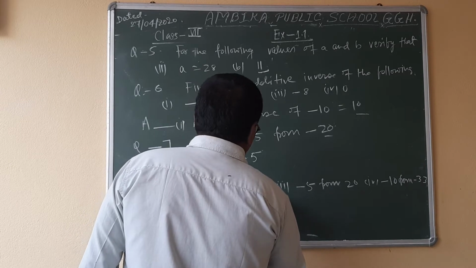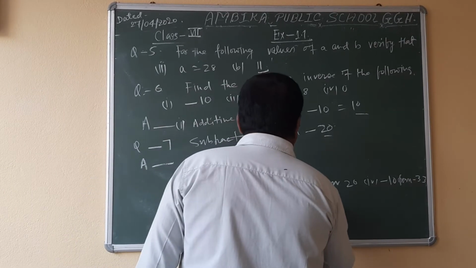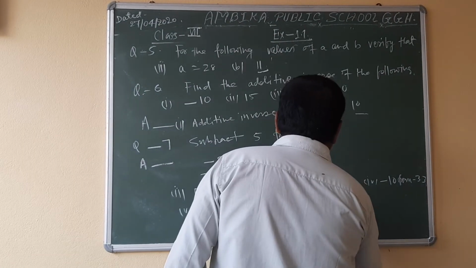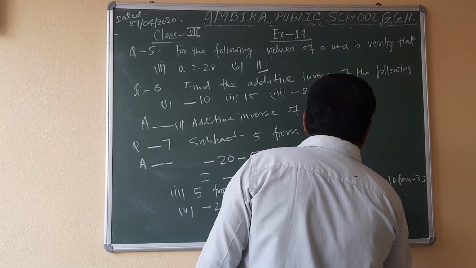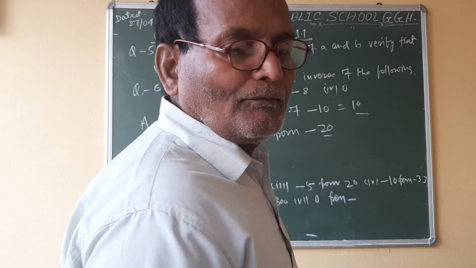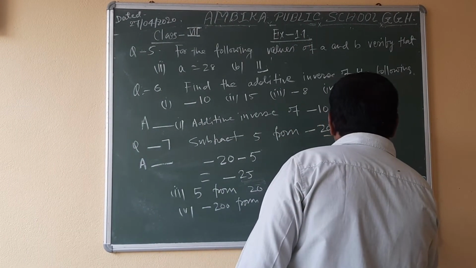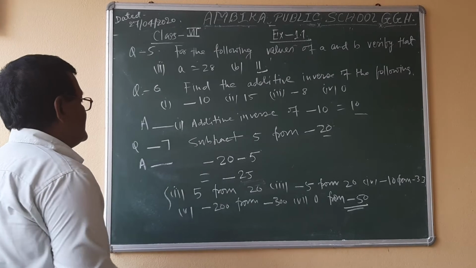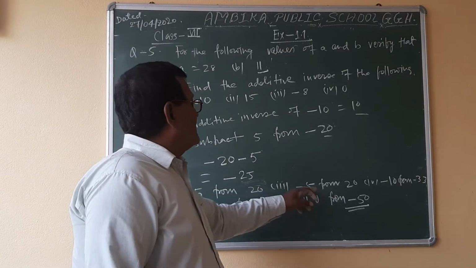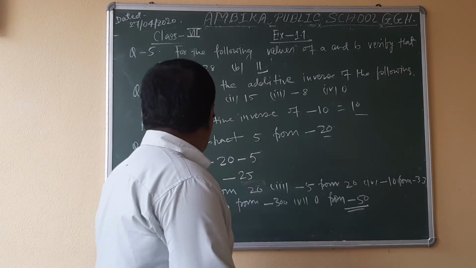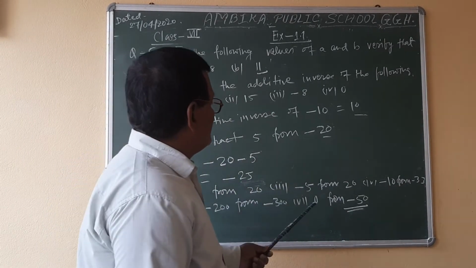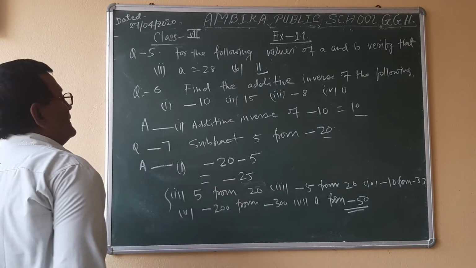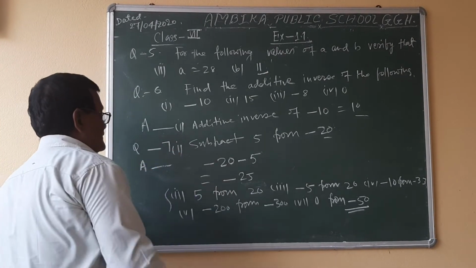Number 5: subtract 0 from minus 50. You will try to solve these questions. Do the same as question number one.